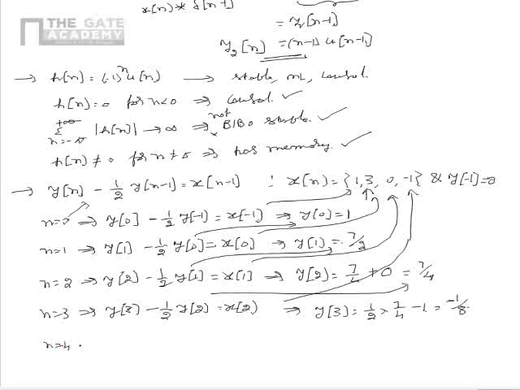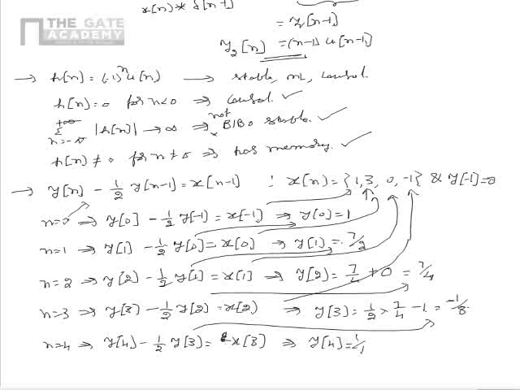Finally, upon substituting n equal to 4, we see that y of 4 minus half y of 3 is equal to x of 3. We know that x of 3 is 0 and y of 3 is minus 1 by 8. From this, we see that y of 4 is equal to 1 by 16. If we go ahead similarly, we see that y of 5, y of 6, and so on are 0.